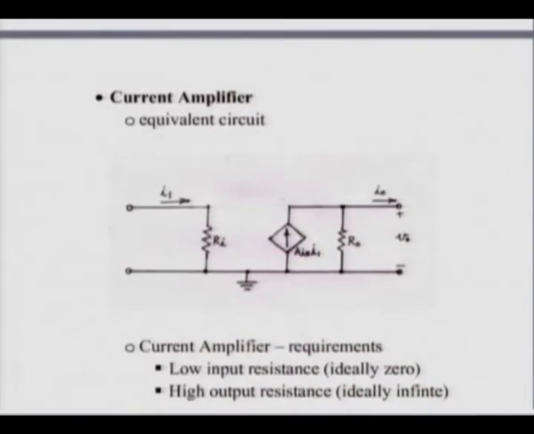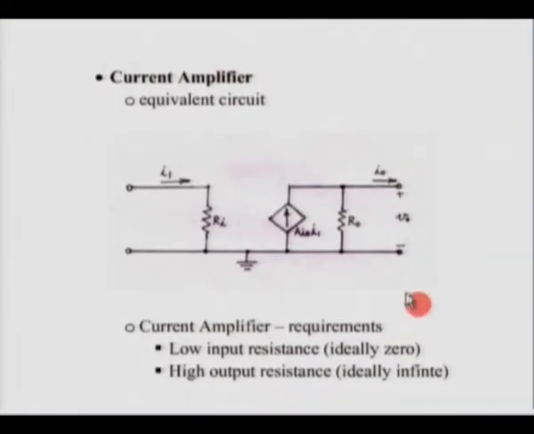But we must keep it in mind that we should apply this only for a voltage amplifier. We also talked about current amplifier, and we said when you talk about a current amplifier, the scenario is very different. In a current amplifier, the input resistance should be as low as possible, ideally 0.